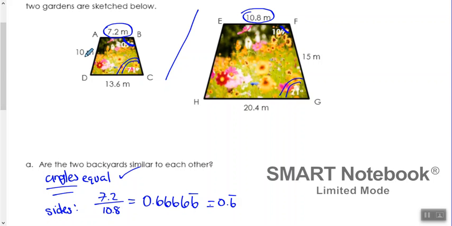Okay, checking our other sides. So we have a 10 meter, and corresponding with that is our 15 meter. Okay, so we have 10 to 15, so 10 over 15. 10 divided by 15, and once again, we get 0.6 repeating. Last side we have to check. So 13.6 corresponds to 20.4.